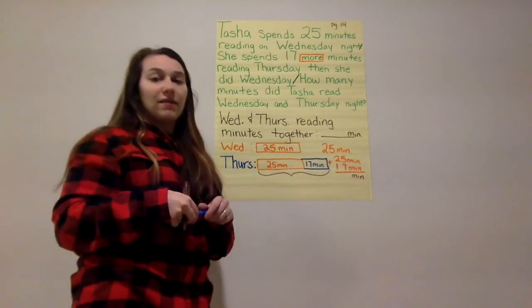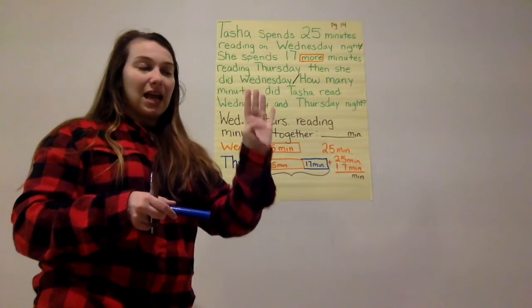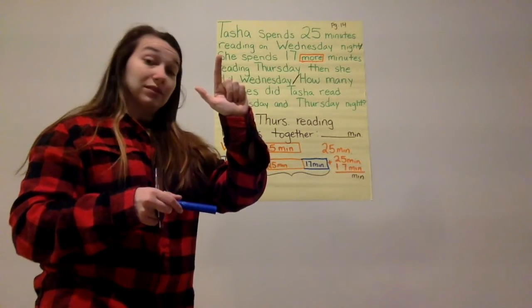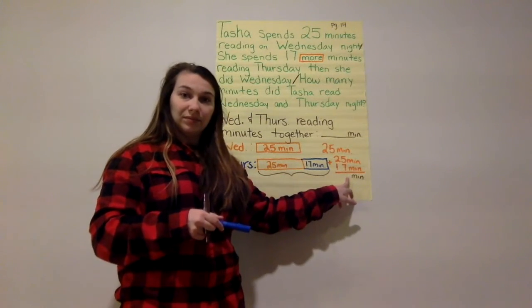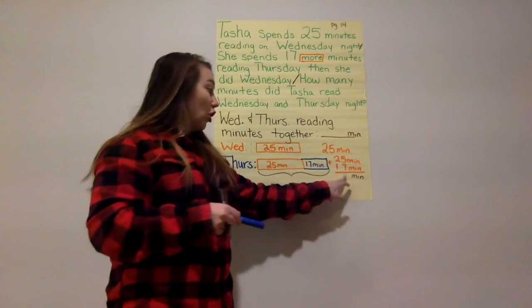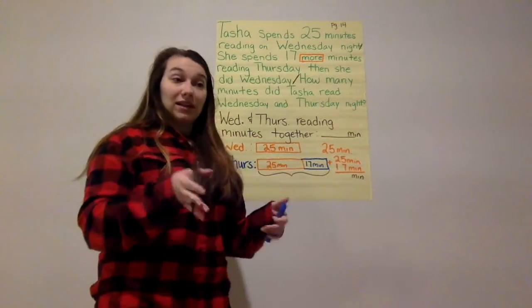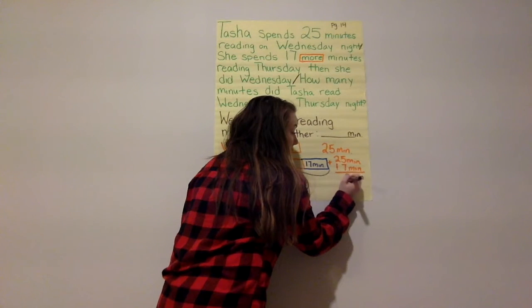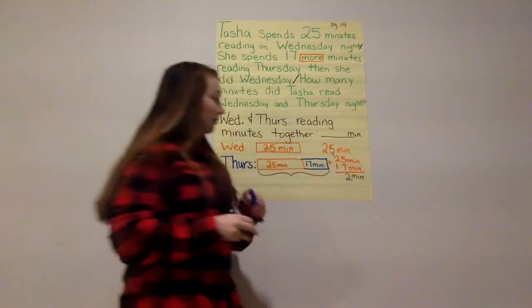So we have 5, 6, 7, 8, 9, 10, 11, 12. So we have 12 minutes. Can I put 12 down here? Nope, because that is 2 place values and we only have 1. So we're going to take our ones place, leave it down here, and we're going to carry our 10.